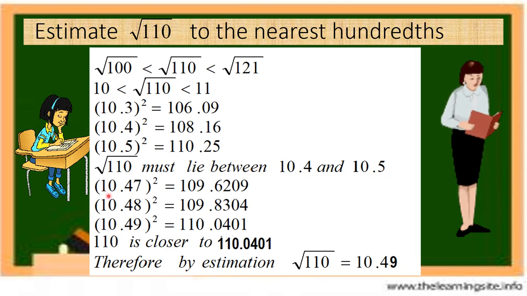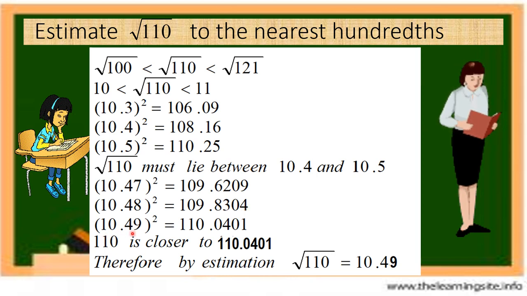So we can start with 10 and 47 hundredths squared, which is equivalent to 109 and 6,209 10,000s. 10 and 48 hundredths squared is equal to 109 and 8,304 10,000s.